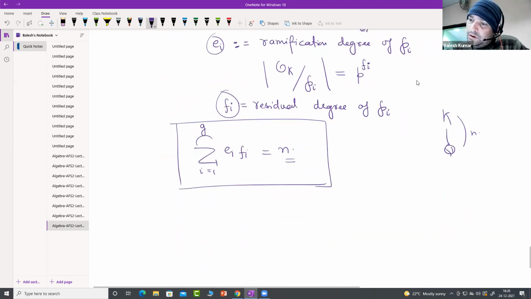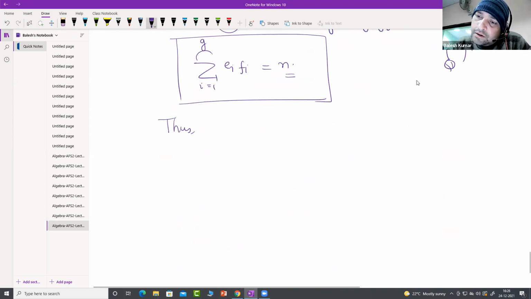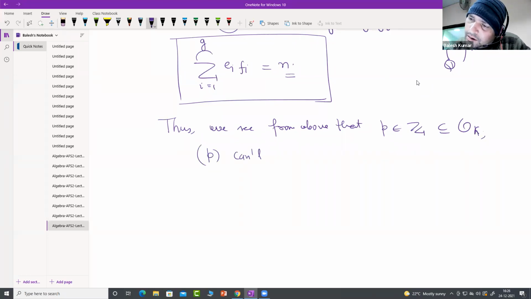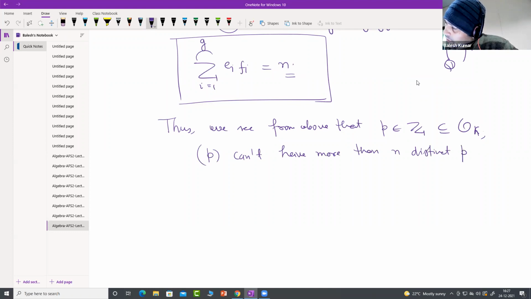Thus we see from above that if you take a prime p inside the integers, which lies inside OK, the ideal generated by p cannot have more than n distinct prime factors in its factorization.